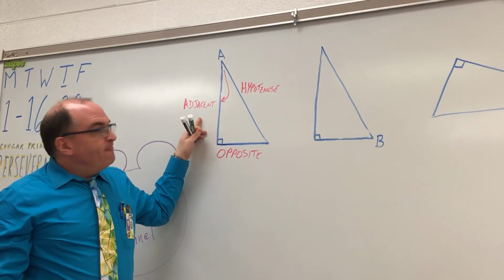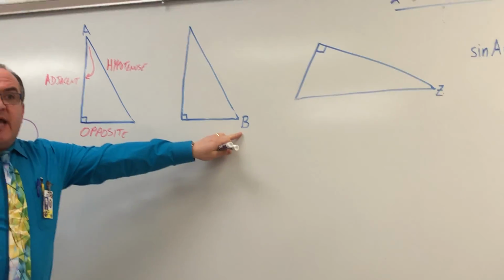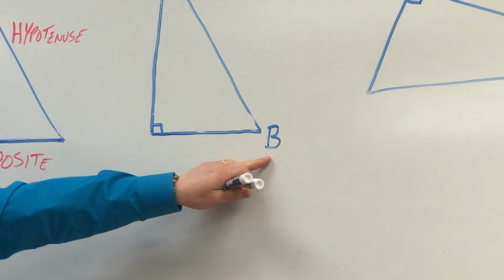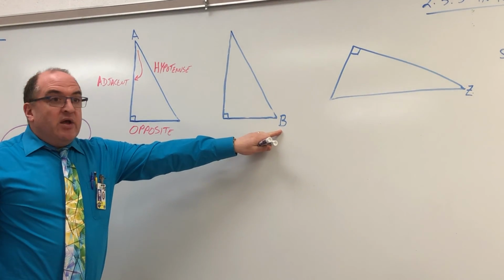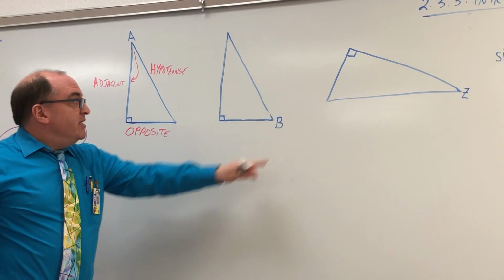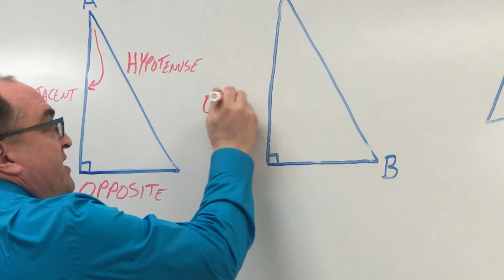What if we were looking here at this angle, angle B? Does it make sense that this here is the opposite side?